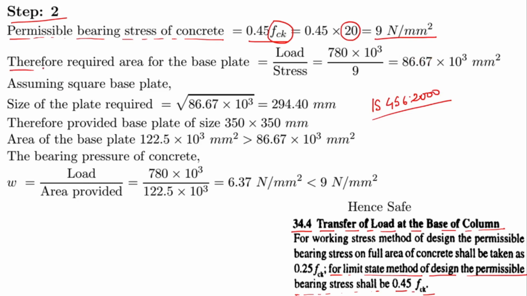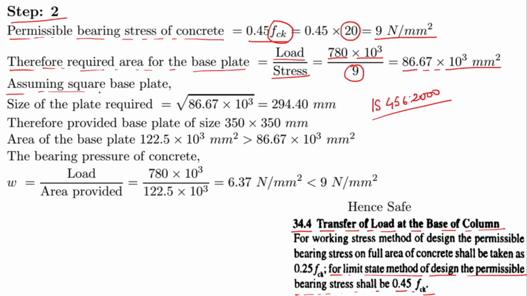Next, therefore, required area for the base plate is load divided by stress. The given compressive load is 780 kilonewton and I have converted it to Newton, and the permissible stress is 9. So required cross sectional area is 86.67 into 10 cube mm square.